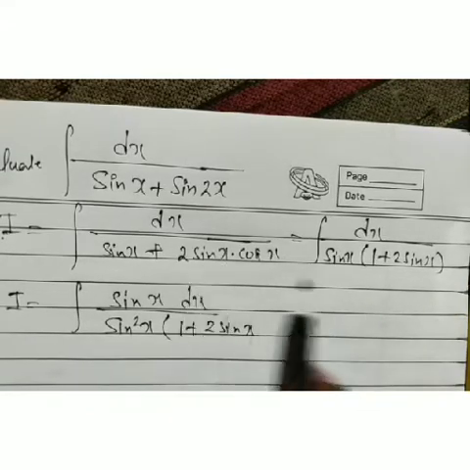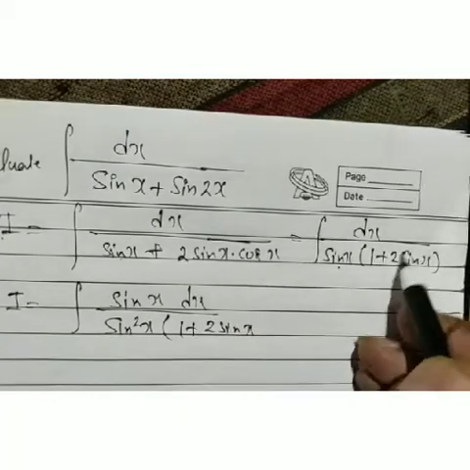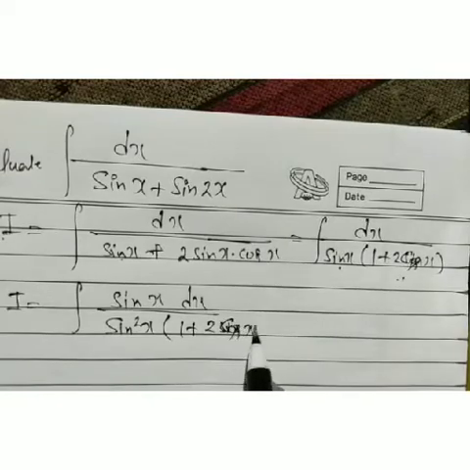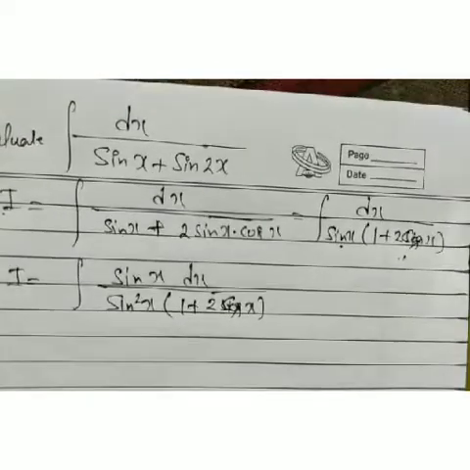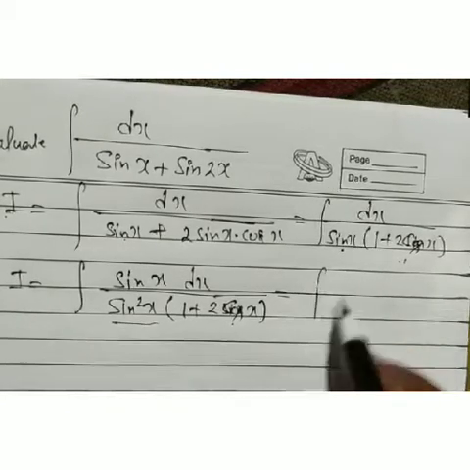Sorry, we have taken sin x common there, and I made a mistake earlier; it has to be 2 cos x, 1 plus 2 cos x.